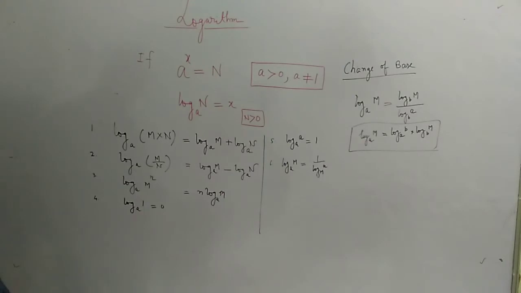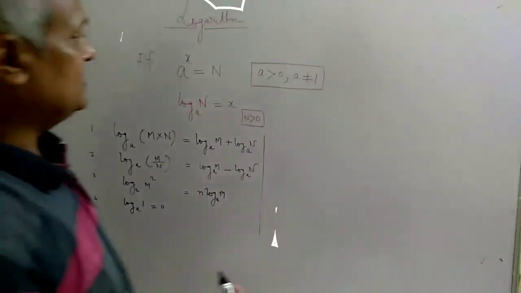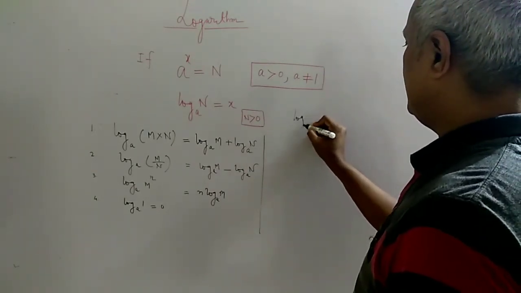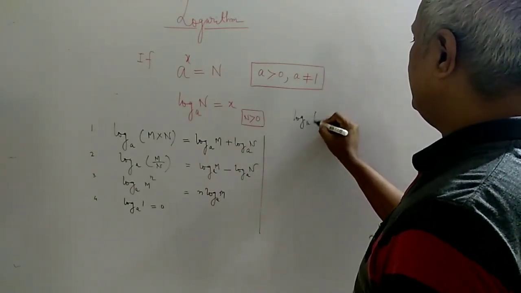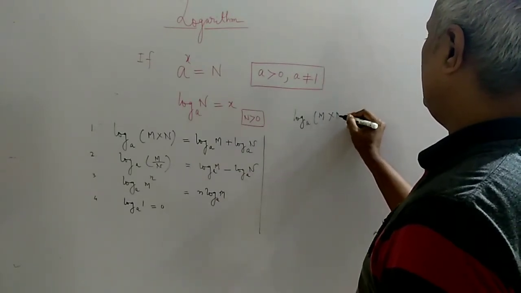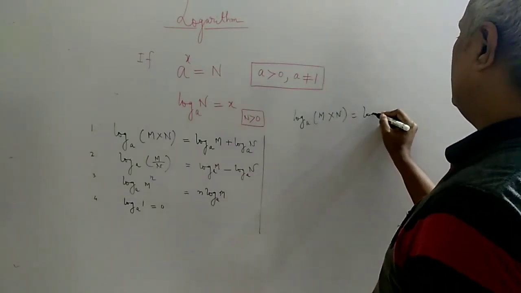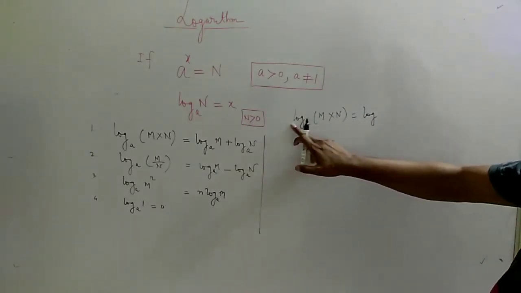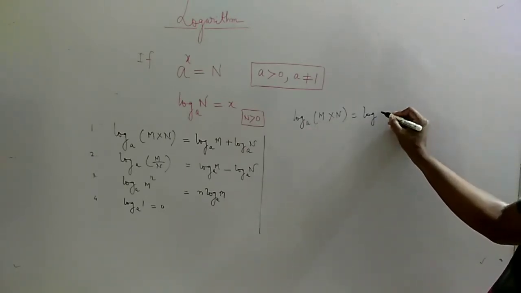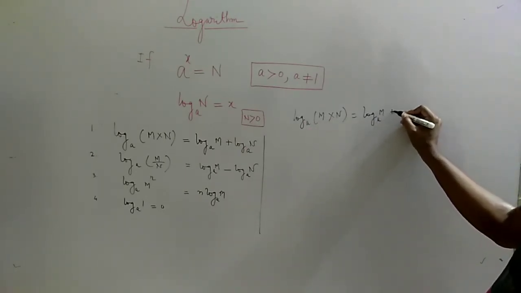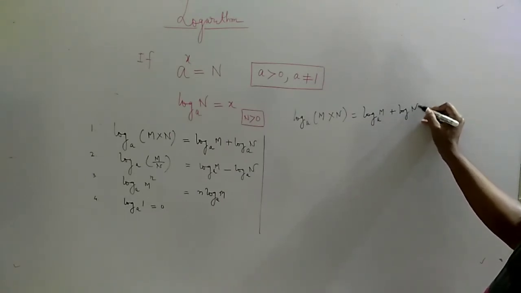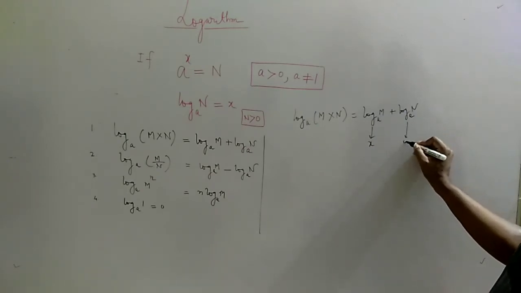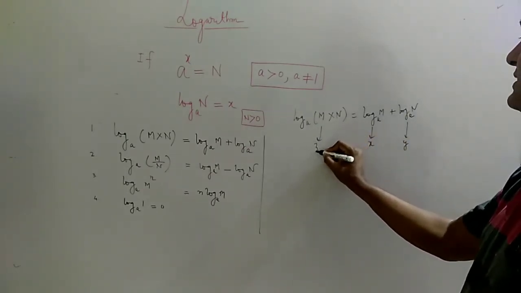Trying to prove the first formula, which says log m into n to the base a is log m to the base a plus log n to the base a. So I assume this one is x and this is y, and I can say this is z.